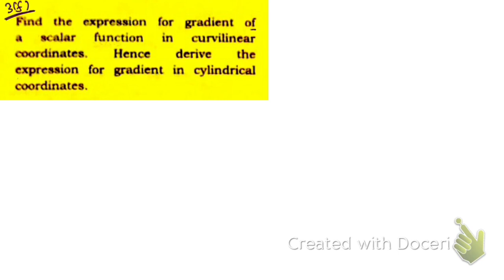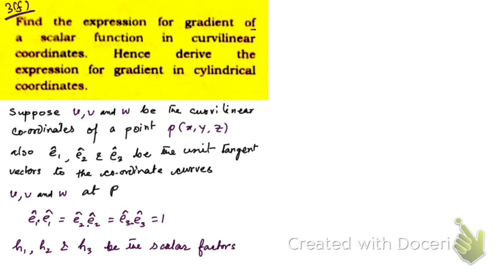Now first let us consider three curvilinear coordinates. Suppose we have considered u, v, w as curvilinear coordinates of a point P whose coordinates in the Cartesian system are x, y, z.